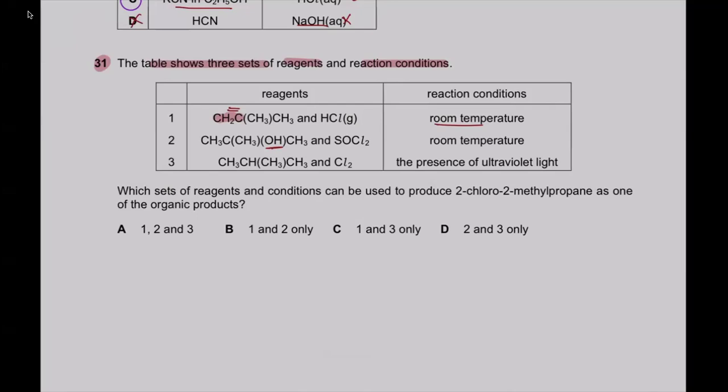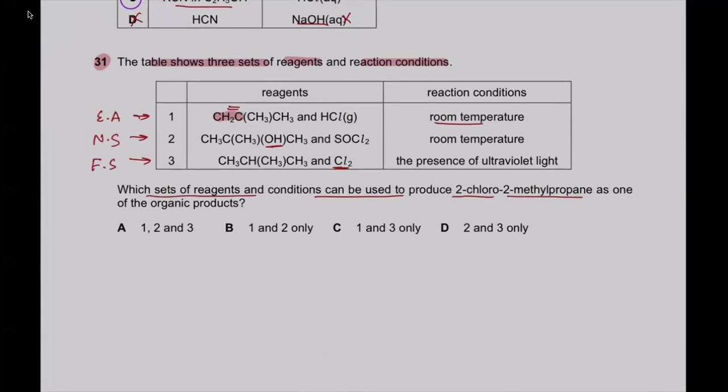And the third one is free radical substitution. The first one is electrophilic addition. The second one is nucleophilic substitution of alcohol. And the third one is free radical substitution. Which set of reagent conditions can be used to produce 2-chloro-2-methylpropane as one of the organic products?